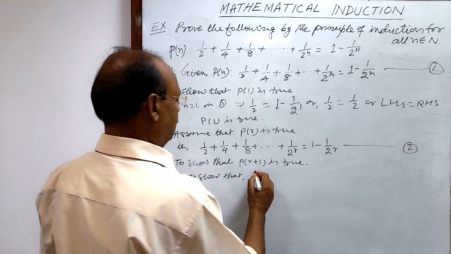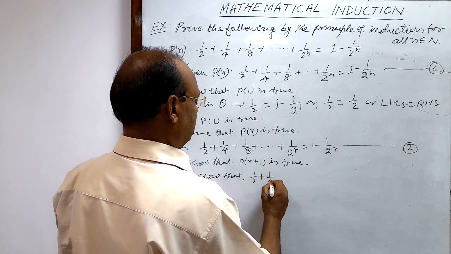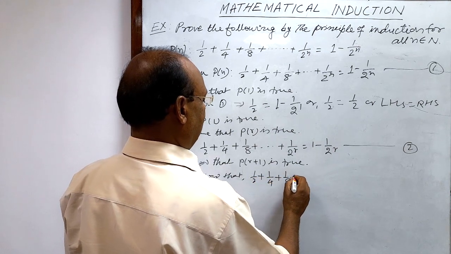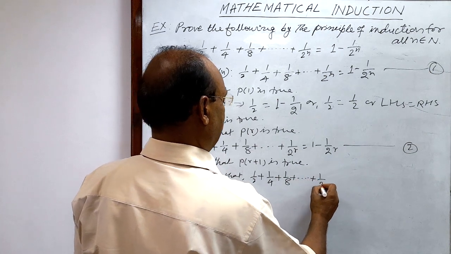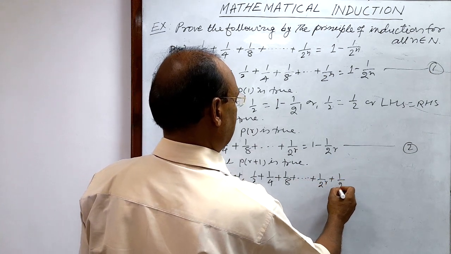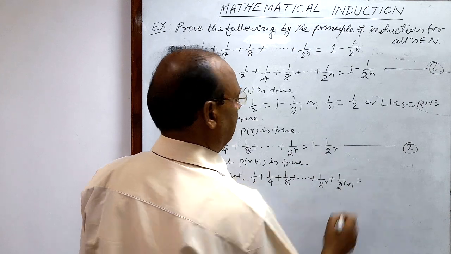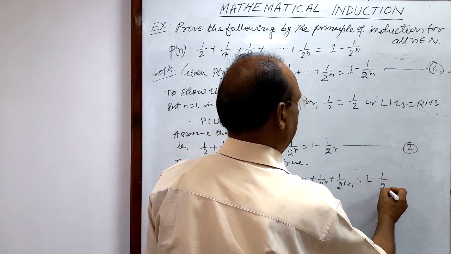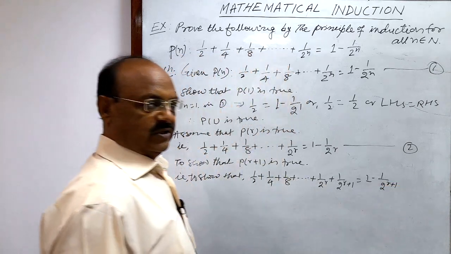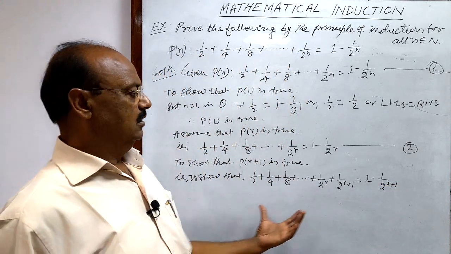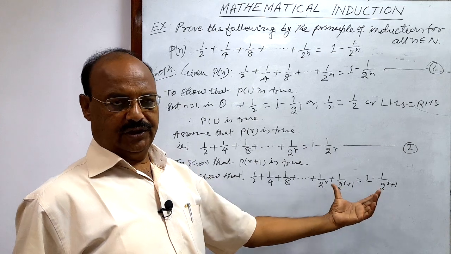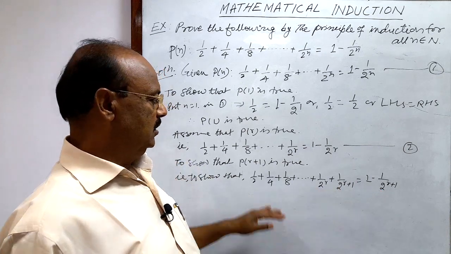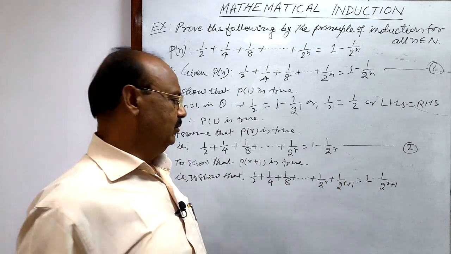So here LHS will be 1/2 + 1/4 + 1/8 + 1/2^r + 1/2^(r+1), and the right hand side will be 1 minus 1/2^(r+1). So we have to show here that this relation is true.